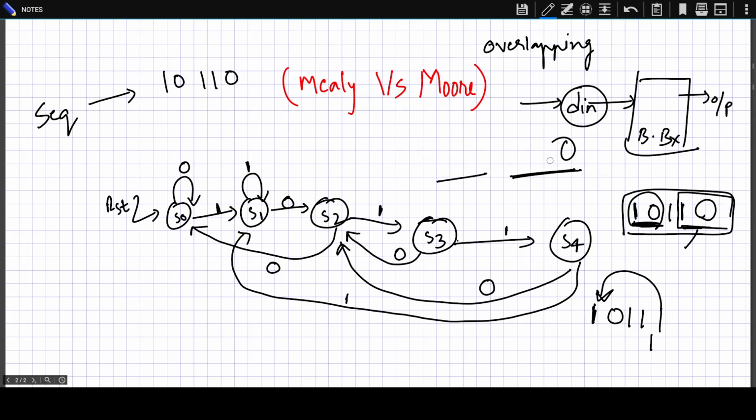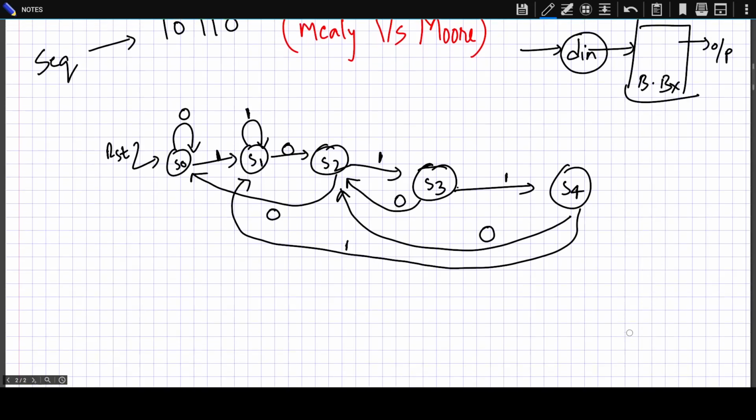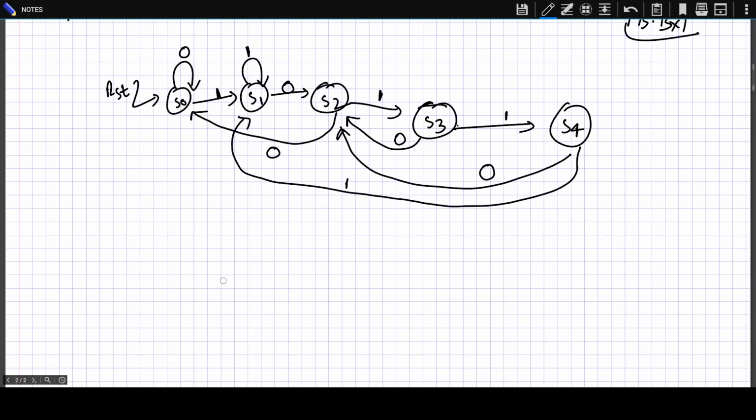Now that we are over with the FSM, let's try inputting different sequences to see if our FSM is truly correct. One more thing: if I get a 0 here, this is where the output will be triggered to 1. Let's take the sequence 1 0 1 0 1 1 0 1 1 0 1 1 1 0.